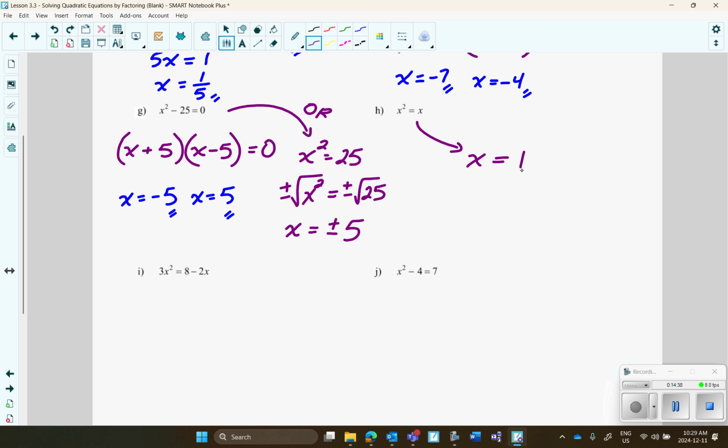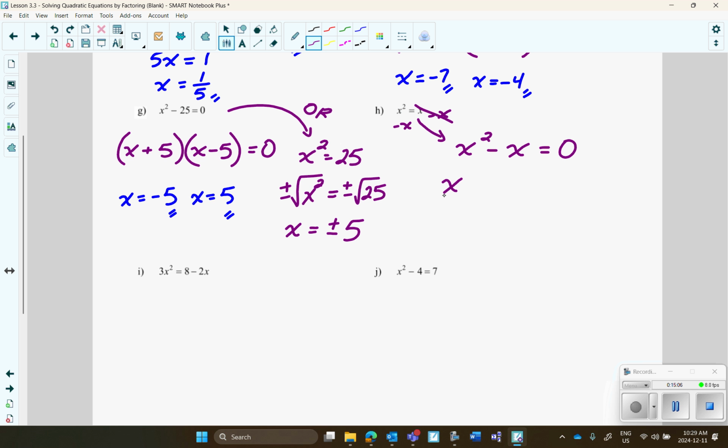Okay, so this is why, when you see something like this, get everything to one side. So subtract x from both sides. And I get x squared minus x equals 0. And now factor. What kind of factoring?